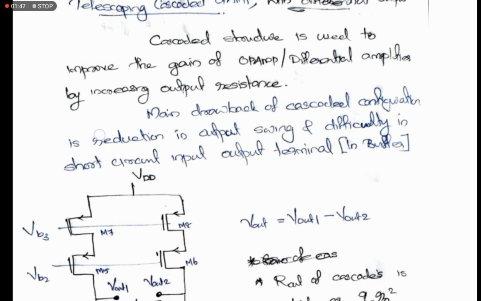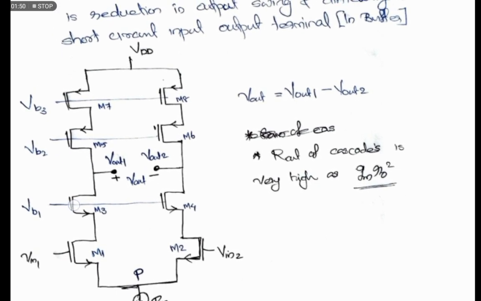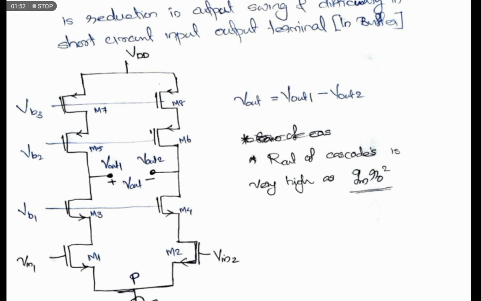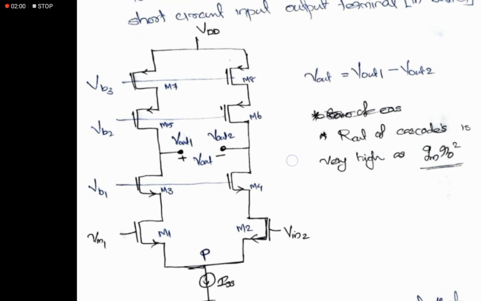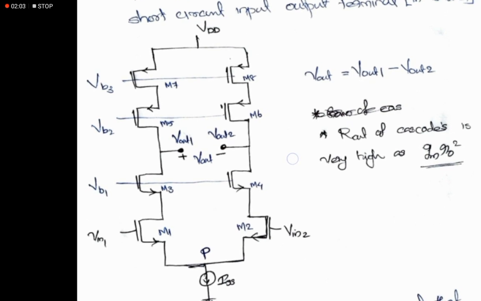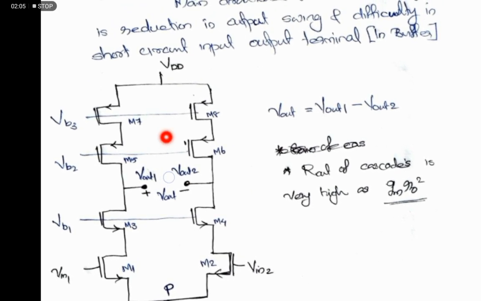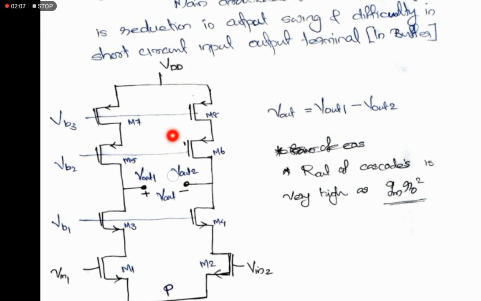Telescopic means the elements are stacked one by one, and to get more gain we can cascade more stages. The working and analysis of this cascoded configuration is the same. As per the structure, what we need to notice is that in the upper half we are using PMOS devices, and in the lower half we are using NMOS devices.